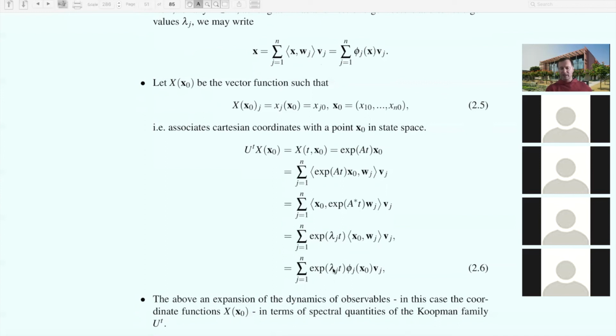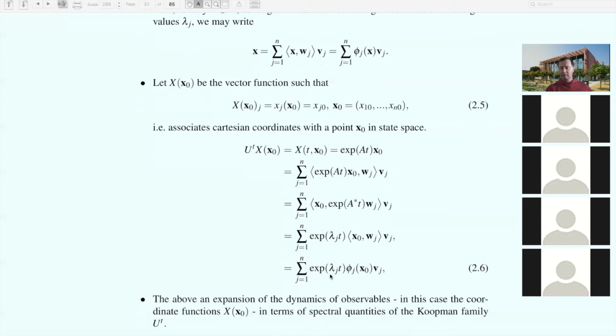We have lambda j, which is the Koopman eigenvalue, phi j, which is the eigenfunction, and v_j, which is the mode. And the three together form the Koopman spectral triple: eigenfunction, eigenvalue, and mode. Now, two of the three are properties of the operator.